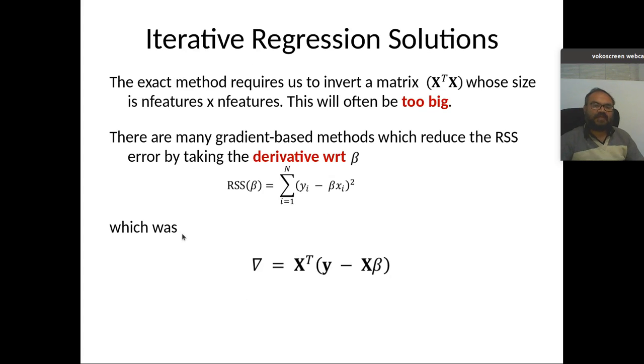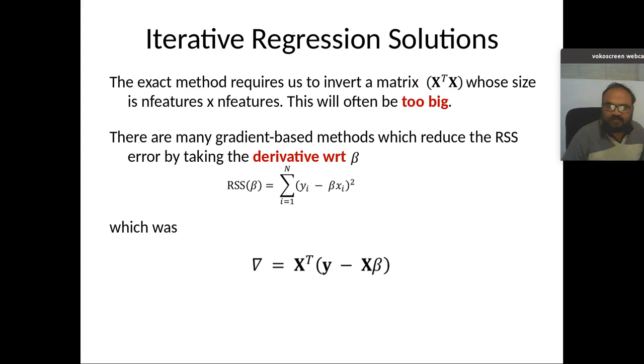So for that, we can use iterative regression solutions, because the exact method requires us to invert the matrix X transpose X, whose size is n features times n features. So it's actually square; the size is the square of the number of features. For a large number of features, this would be too big, and inverting large matrices is usually a very challenging problem in terms of computation.